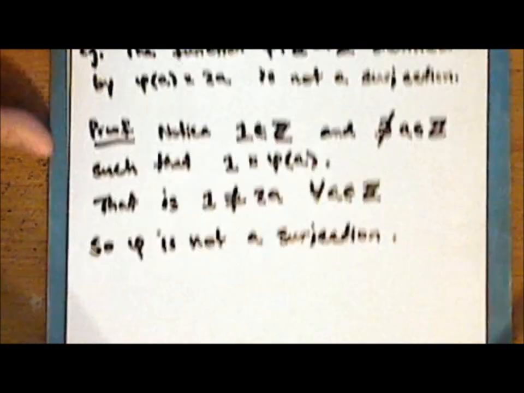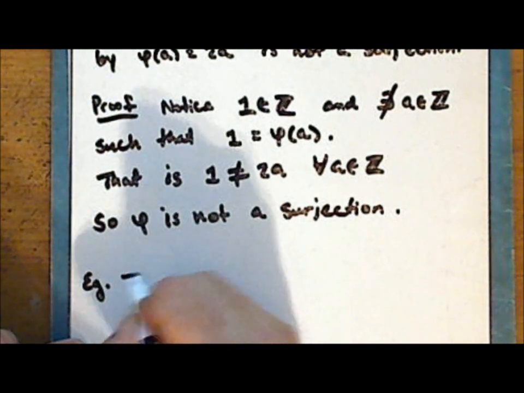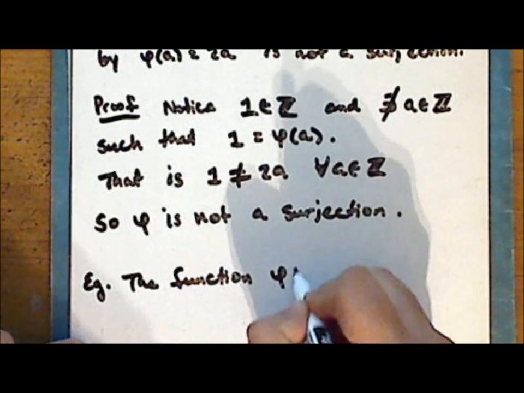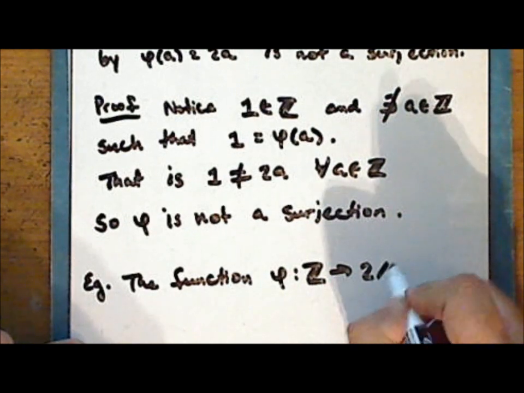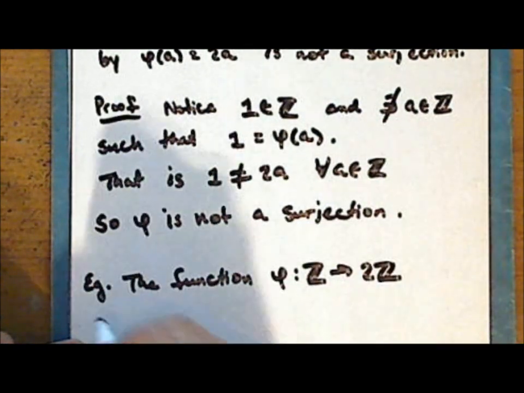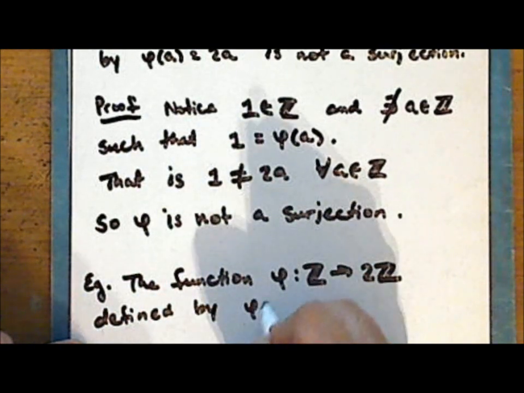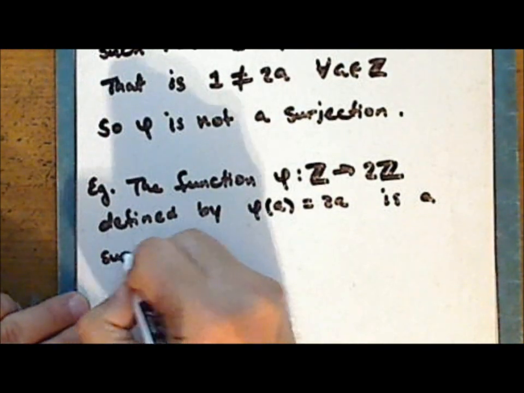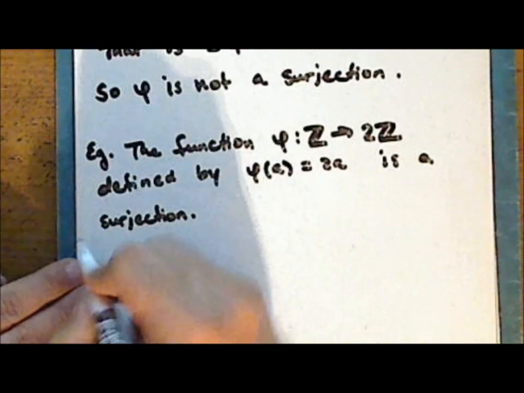And so let's now define a function that is a surjection. The function phi from the integers into the even integers defined by phi of a is 2 times a is a surjection. So proof.